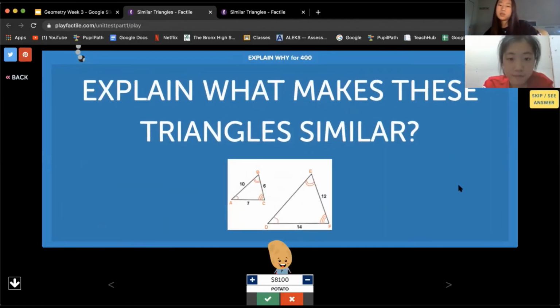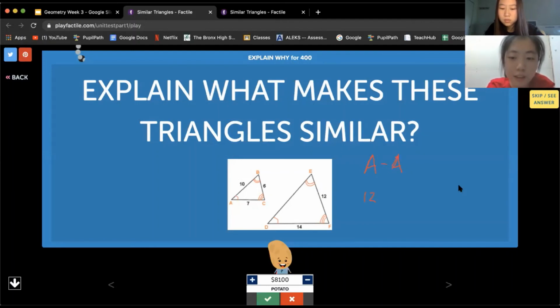Explain what makes these triangles similar. We know that similar triangles have the same angles. As you can see, all 3 angles of these 2 triangles are the same. And the sides of similar triangles have to be in proportion.